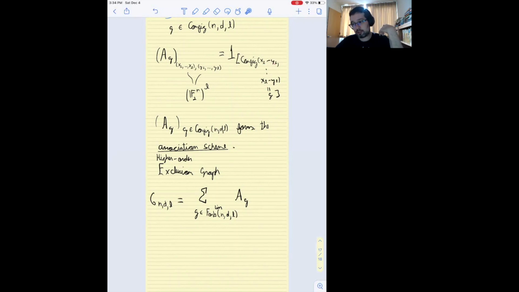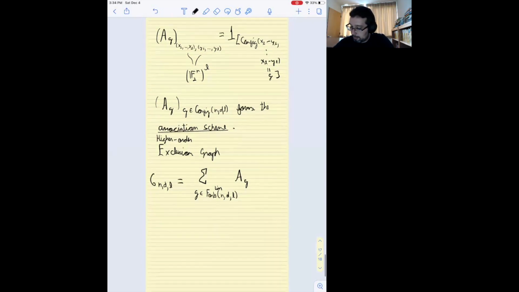If it does, you cannot choose both this tuple and this tuple. They cannot both be present in our code because the span of their difference is going to have a violation. So that's completely analogous to what we had before. So we have this exclusion graph.